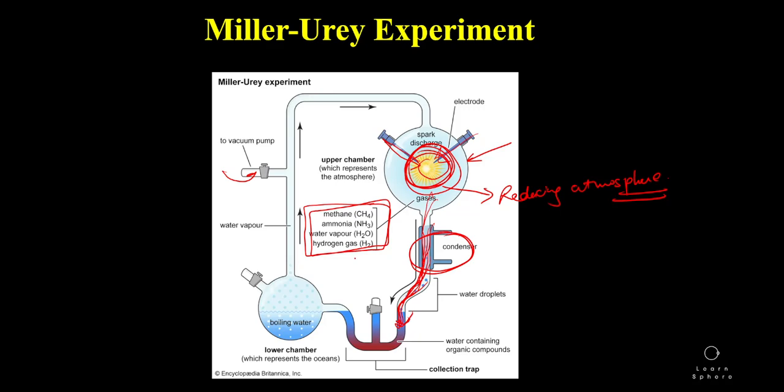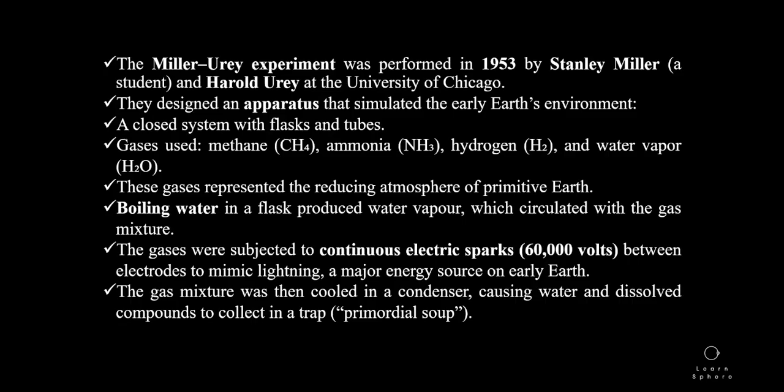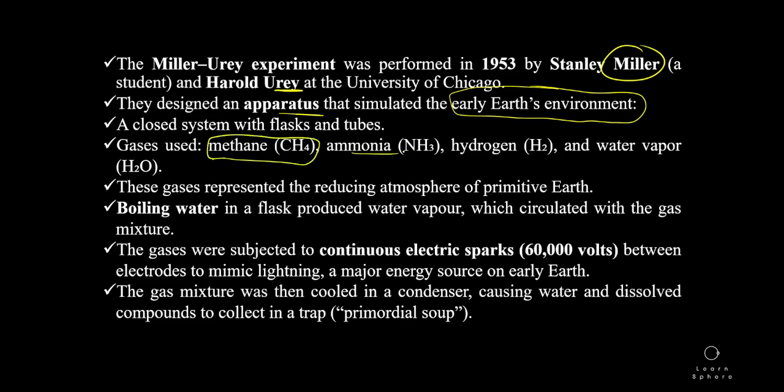So let us discuss this experiment in detail. This experiment was performed in 1953 by Stanley Miller. They designed an apparatus which simulated the early Earth's environment. This apparatus contained methane, ammonia, hydrogen, and water vapors.